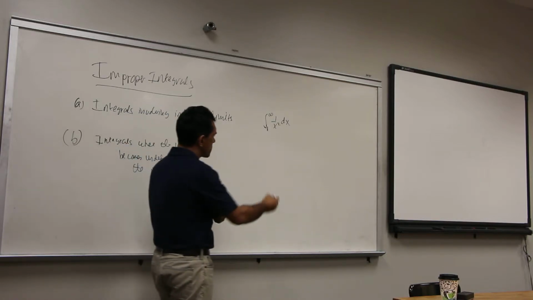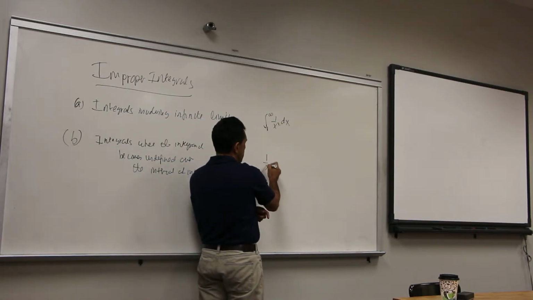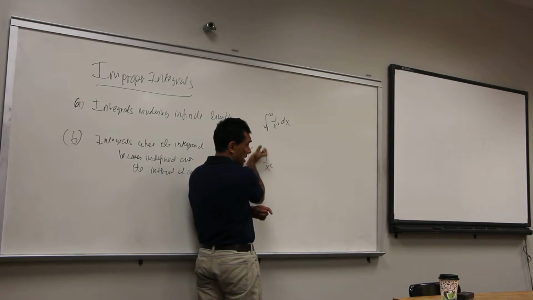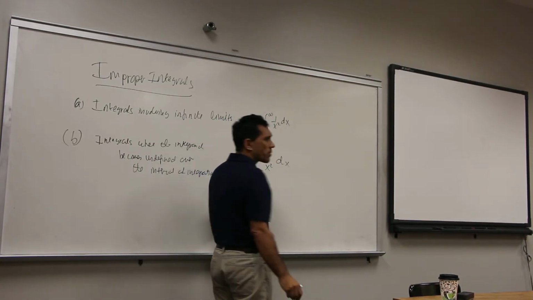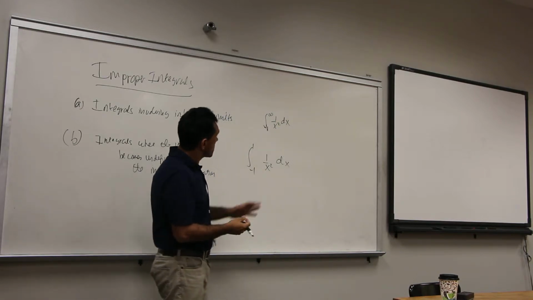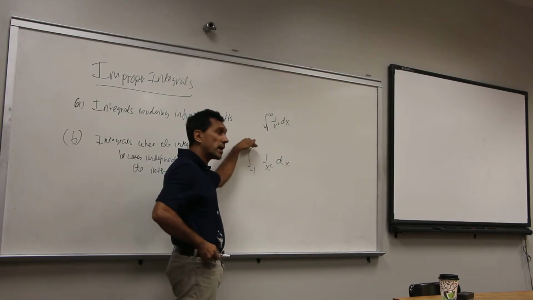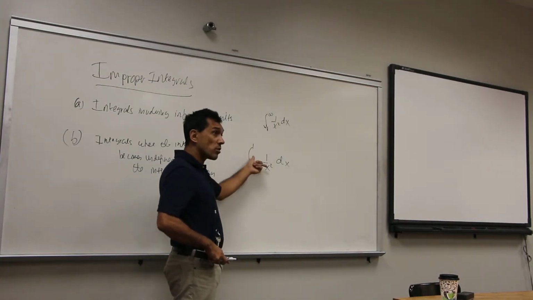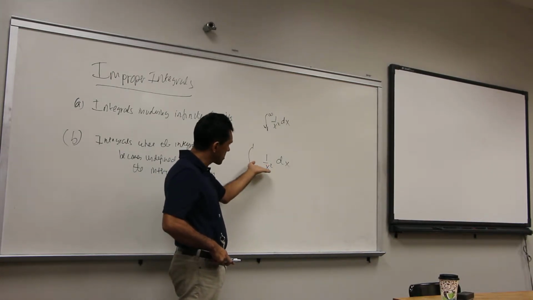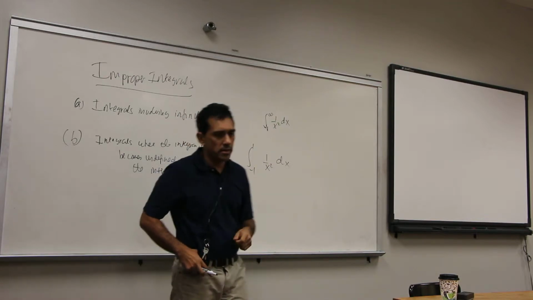So an example of that would be something like this. You can integrate 1 over x squared over a finite bound, say from -1 to 1. And the impropriety comes from the fact that you're integrating from -1 to 1, inclusive of all numbers in between, with 0 also. And when your x is 0, your integrand is undefined.